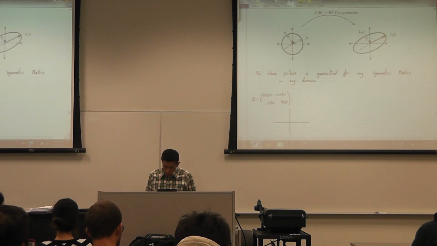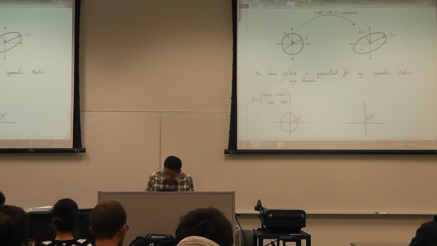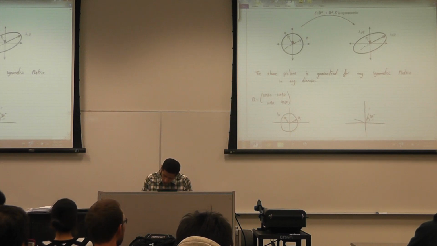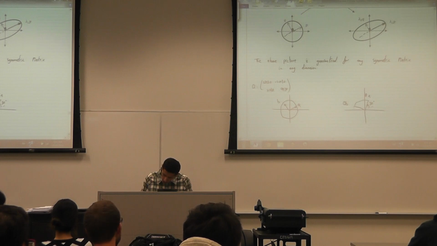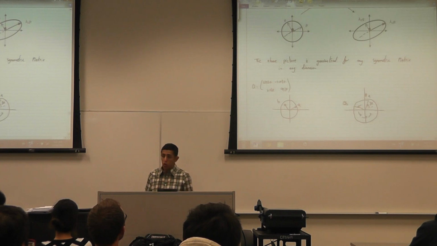What will Q do if this is a circle of vectors? This vector A will be rotated by 30 degrees. So all the vectors here will be rotated by 30 degrees. So QA, QB. Which means you don't have any vector that has the same direction.